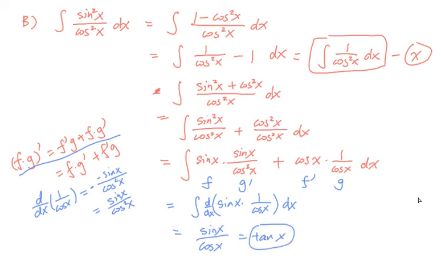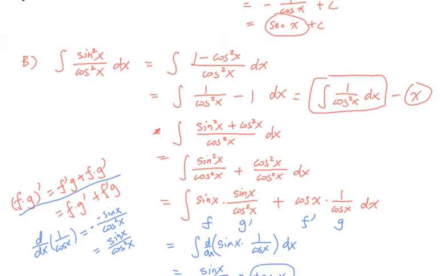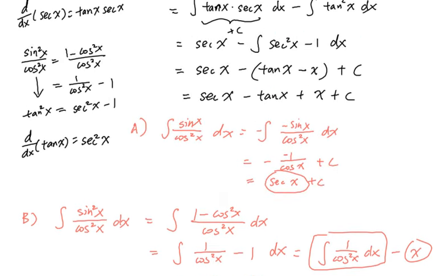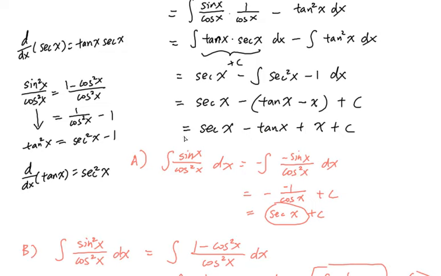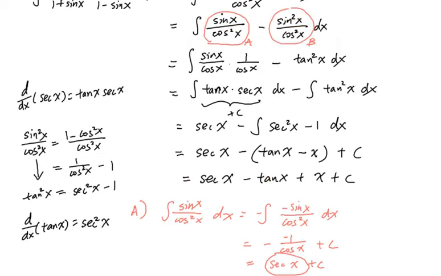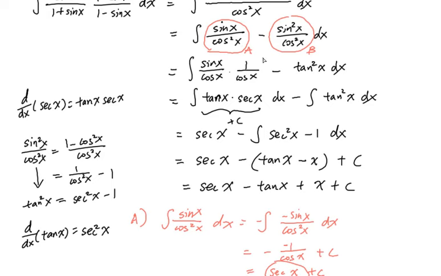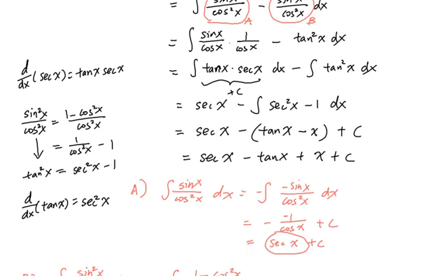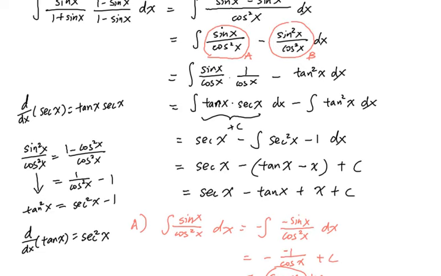So let's scroll back up. We actually collected all 3 terms here. What is A? A is just secant x, as we have found. And what would this sine square over cosine square be?